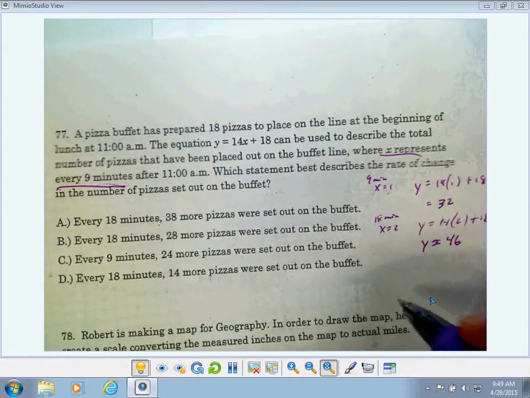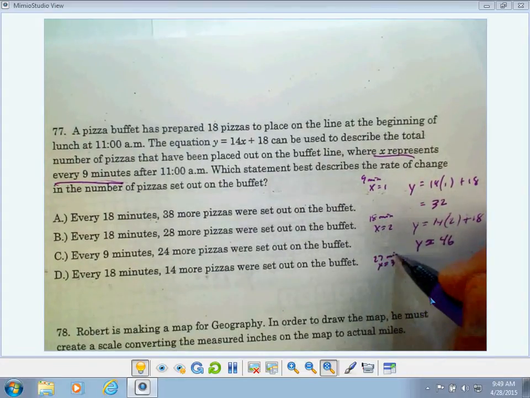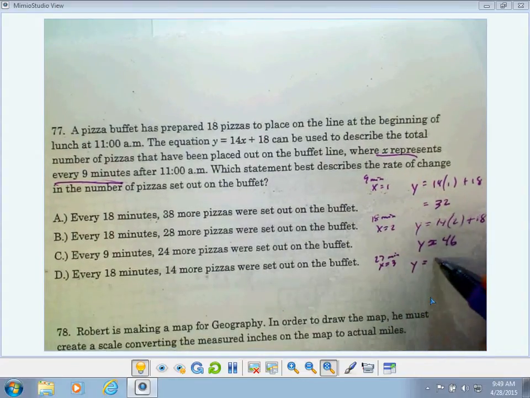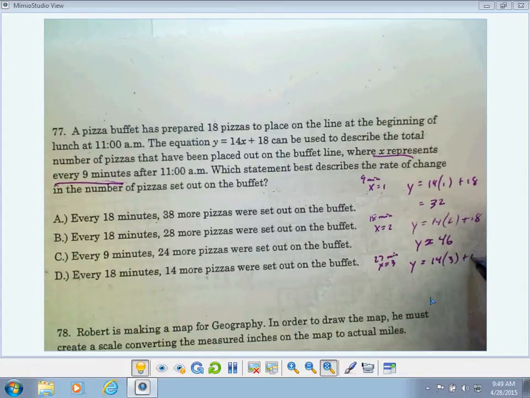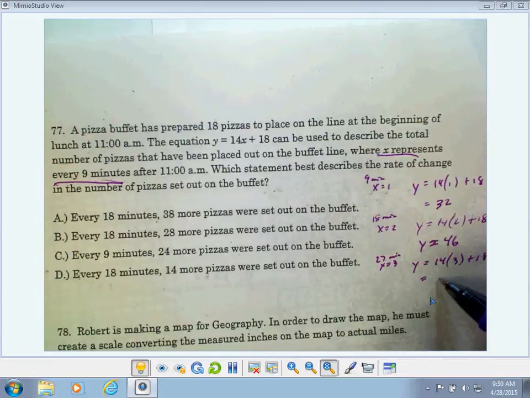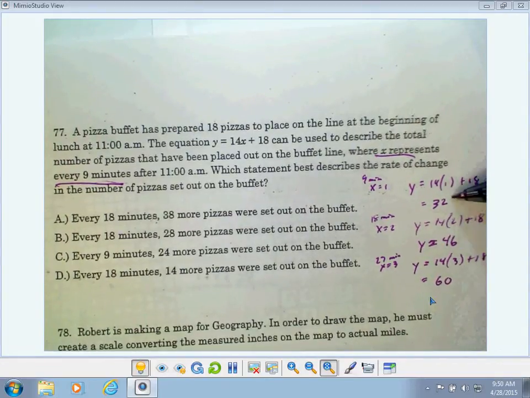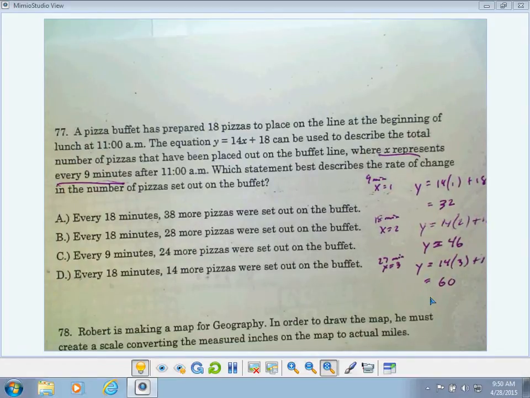And let's just do it one more time for x equals 3. That would be 27 minutes, or yet another 9 minutes. 14 times 3 plus 18, and that equals 60. So you can see what's happening here is every 9 minutes it goes up by 14.